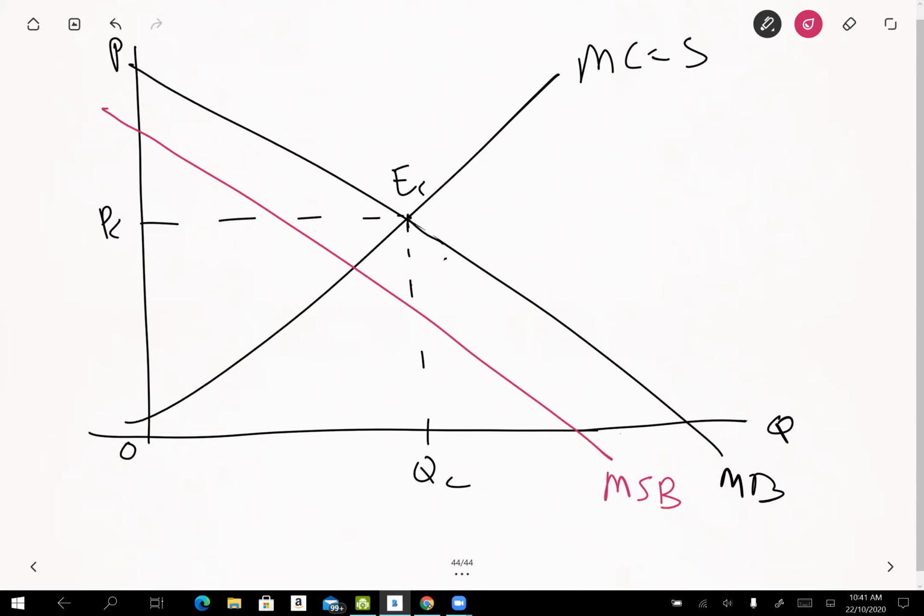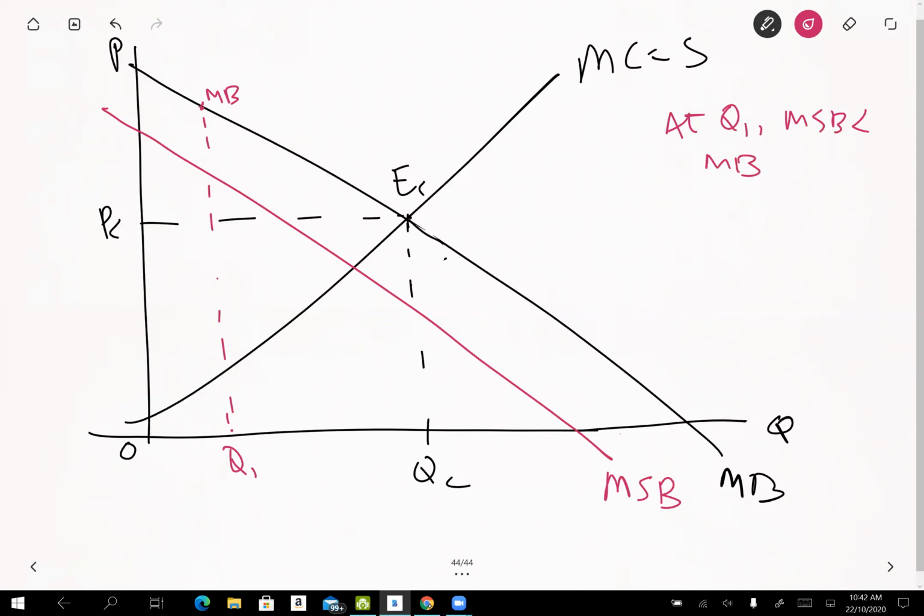Again here, you can see it by making use of any output level. All right, any output level Q1. Here, the marginal benefit, and we know that at any output level, say Q1, the marginal social benefit will be less than the marginal benefit.